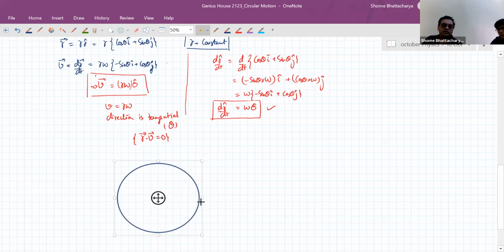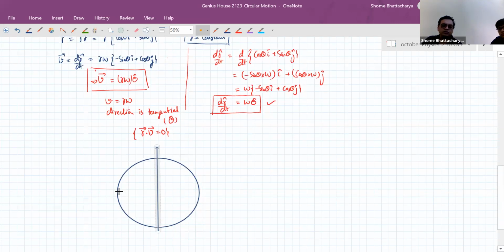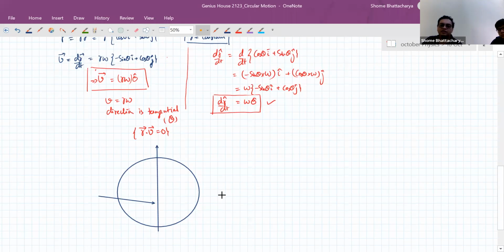It cannot. So at any instant, what should its velocity vector be like? It should not have any component along the line OP. So that is basically this only, that r dot v should be 0 at any instant. This is another important property that you are learning about circular motion, which you can understand not only from this derivation, that v is along theta cap and r is along r cap, but also from the concept of approach and separation velocity.